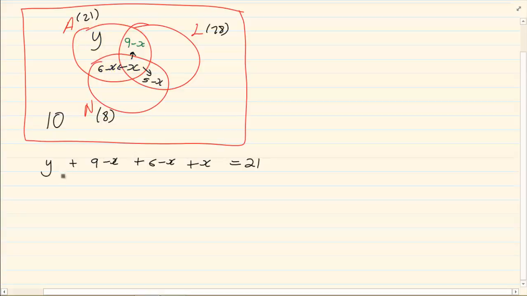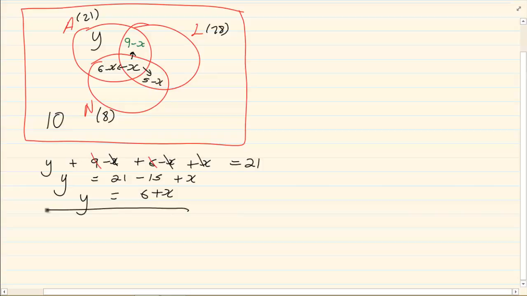Okay, now let's get y to be the subject of your formula. What you're going to do is take your numbers over. So you got 9 plus 6 is 15. So we're going to have 21 minus 15. And then here you have minus x plus x, which is minus x. If you take it over, it becomes plus x. So we have y is equal to 6 plus x.